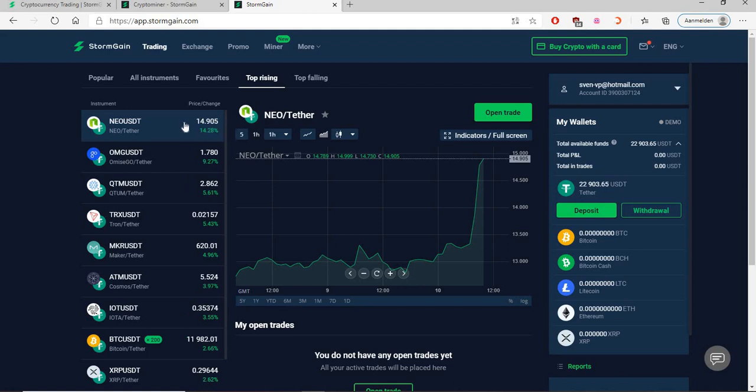That's the rise from the start of the day trade. So don't expect that if you buy some, about 5 minutes later you're going to have a profit of 14.28%. You can see it's already dropping again now.